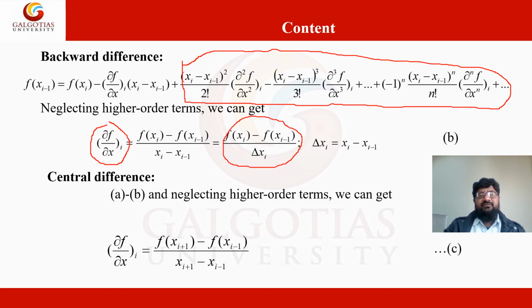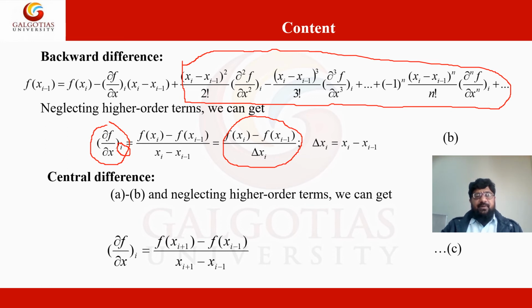So this is a different formula from the previous formula. In that formula, xi and xi plus 1 were used. In this formula, xi and xi minus 1 are used. So this is called backward difference or backward approximation of the derivative at location xi.